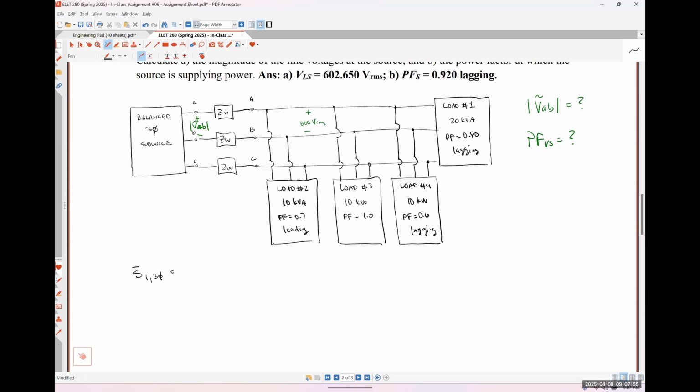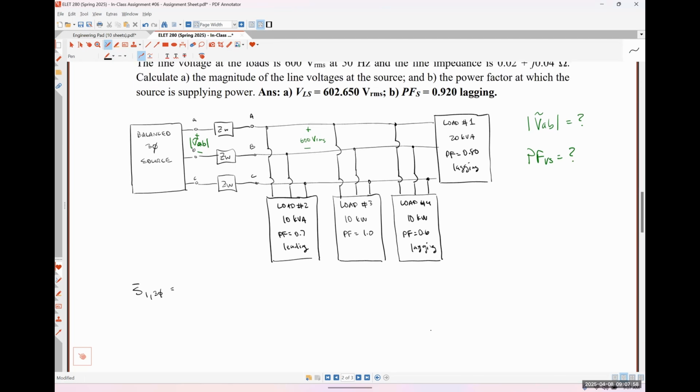All right, how do I calculate the complex power absorbed by load 1? Yeah, so it'll be 20 kVA angle inverse cosine of 0.8.